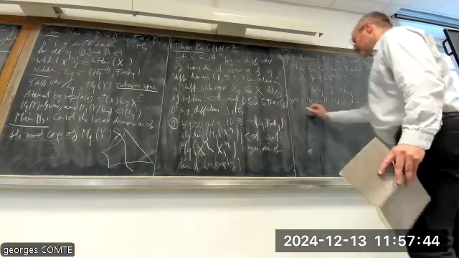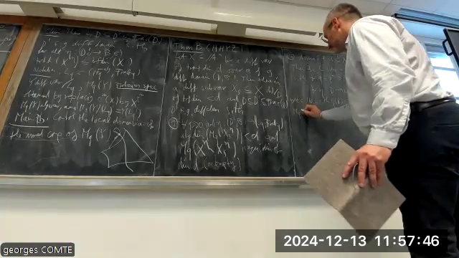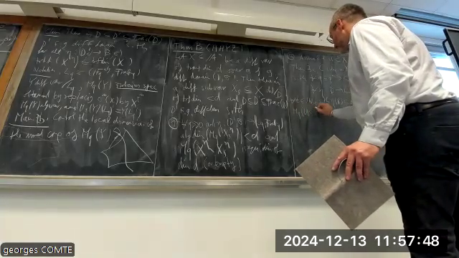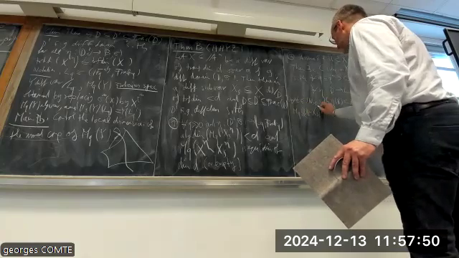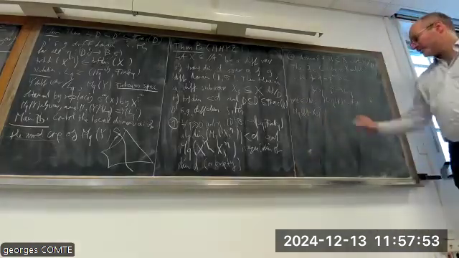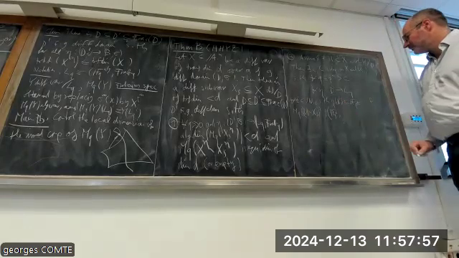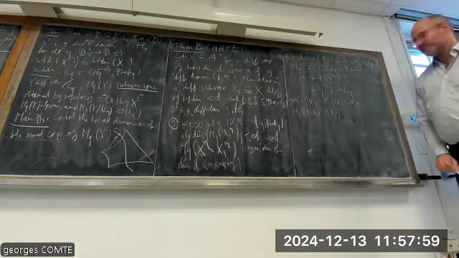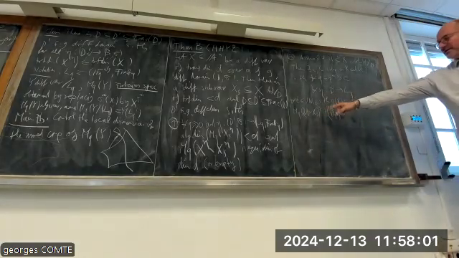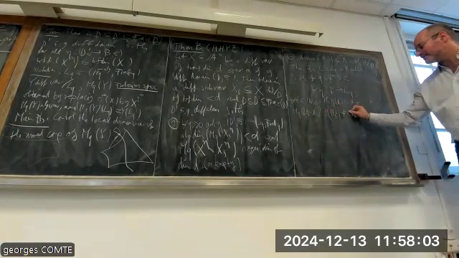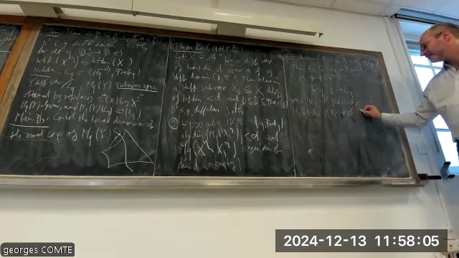If M_Q of U without X_S eta of F_p^t, I don't need an automorphism anymore, this is an algebraic variety, is not empty. There are two cases. Either it's not empty, then I have many points.